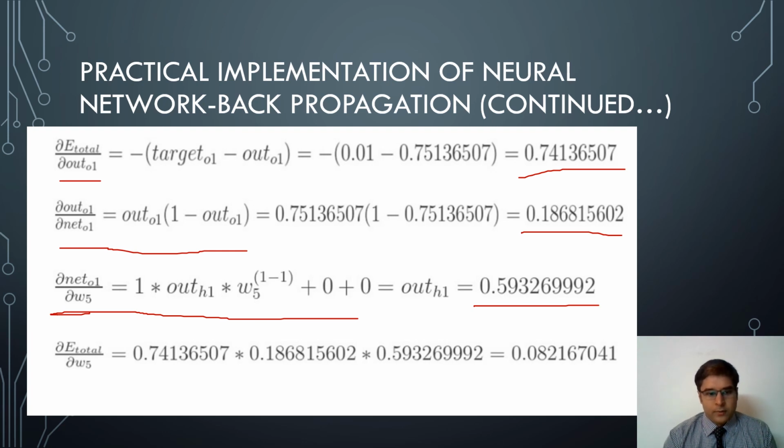And finally we substitute that in the main equation to get this value. So this is the change in E total with respect to the W5 weight alone. Similarly, we calculate the change in E total with respect to all other weights.